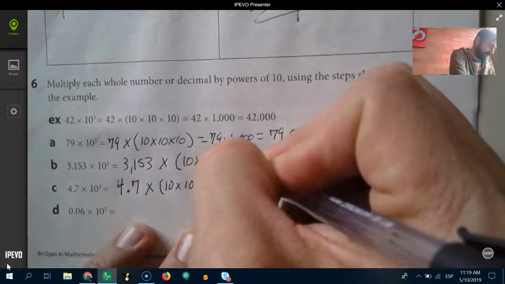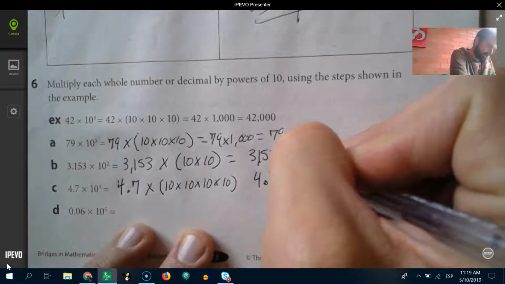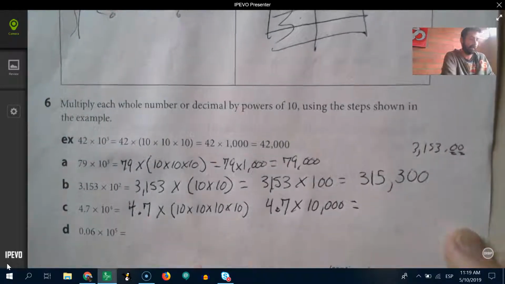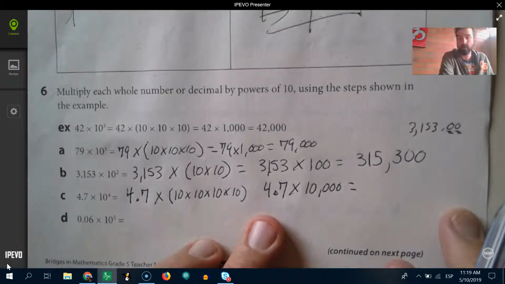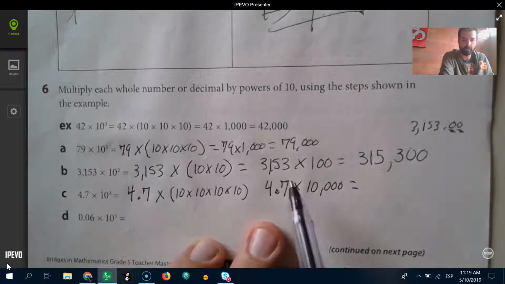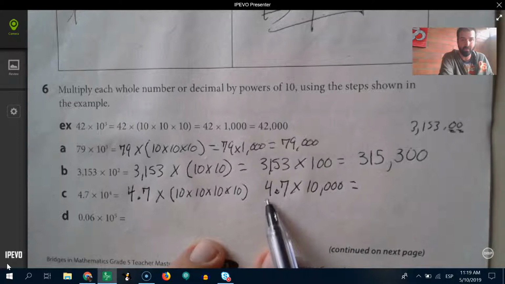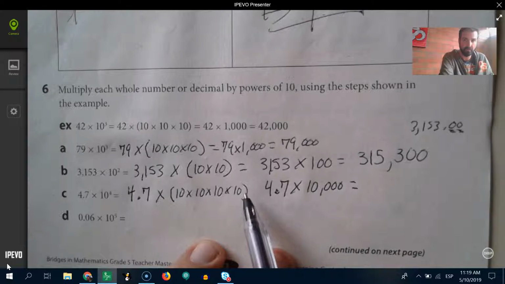So now I have 4 and 7/10 times 10,000. And so what is that telling me? That tells me that my digits are going to shift. I'm not adding zeros. I'm not moving the decimal point. I'm shifting. Okay, how many spots am I shifting down? 4. So my 4 that's in the ones, it's going to go to the tens, to the hundreds, to the thousands, to the 10,000s.